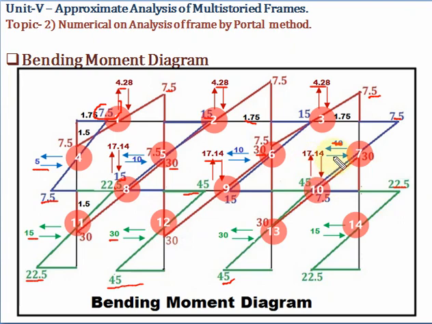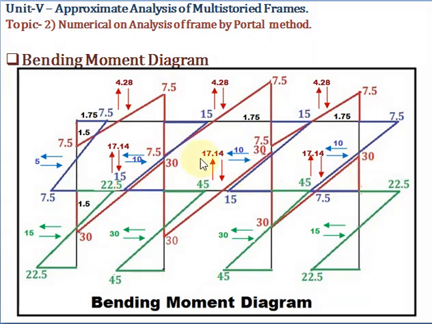Then 17.14 into 1.75, again 30. Join this by a straight line. So this is the bending moment diagram for the given multi-storied frame. Thank you for watching this video.